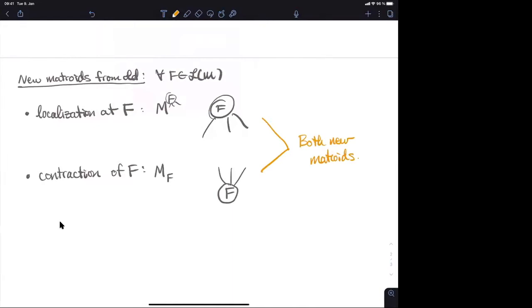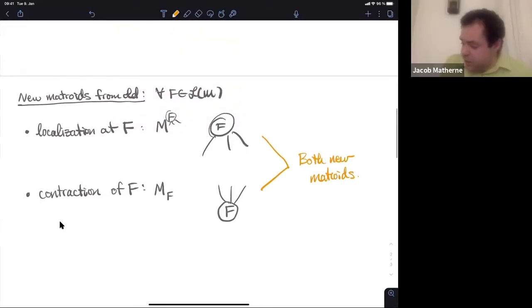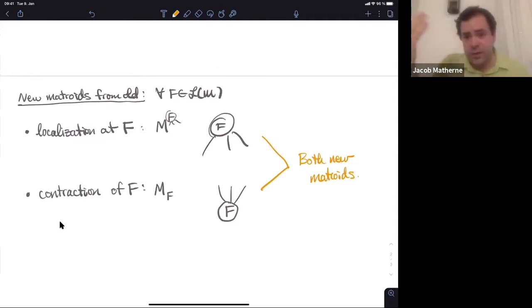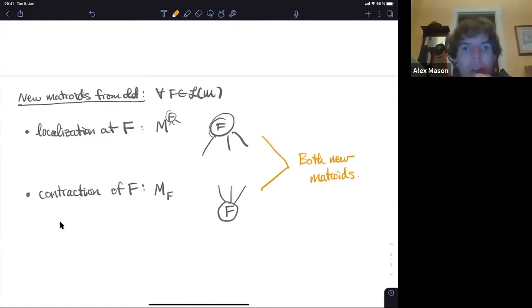And for both of these, we have to modify the ground set, it seems. Yeah, that's right. I'm leaving out a few details, but you're right. For the localization, the ground set is now the elements of the flat F. And for the contraction, the ground set minus F is the new ground set, because the elements of F are in everything.